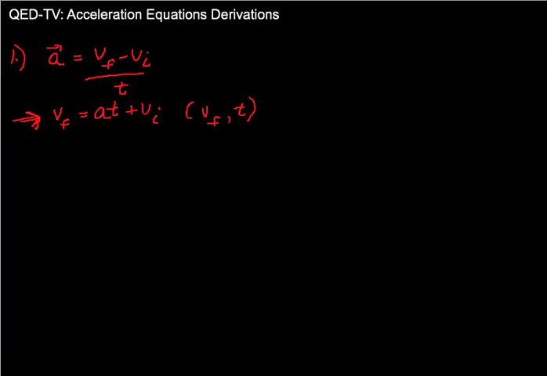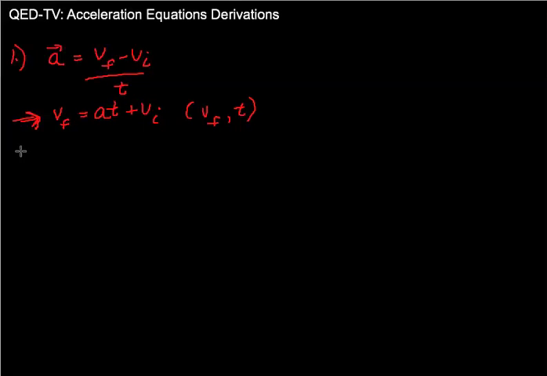What we can do, let's change colors here so we can see the derivation, is think of average velocity, because there's two equations we could use to calculate average velocity if something is uniformly accelerating. It's pretty easy. If something is uniformly accelerating, it's just going faster and faster at a constant rate. If you want to figure out the average velocity for an entire trip, there's two ways you could do it.